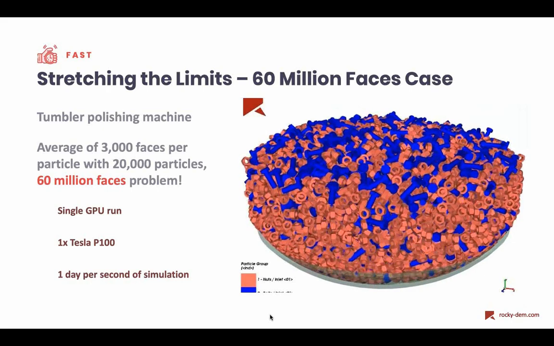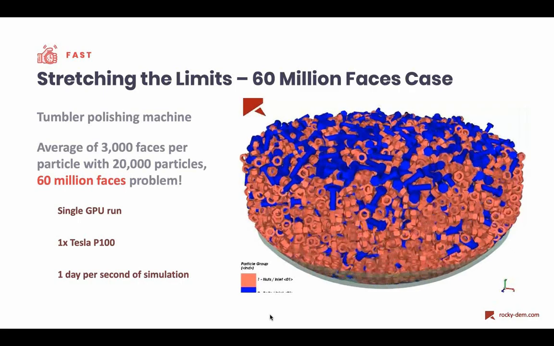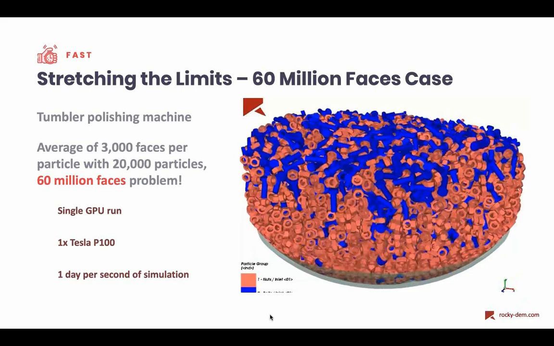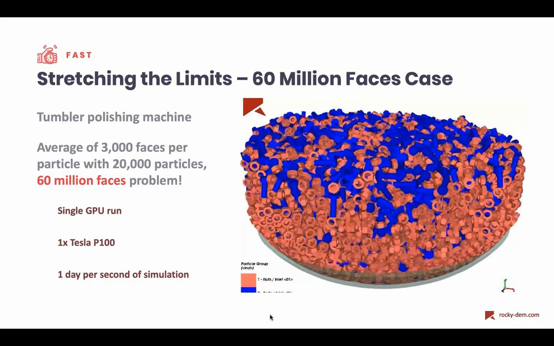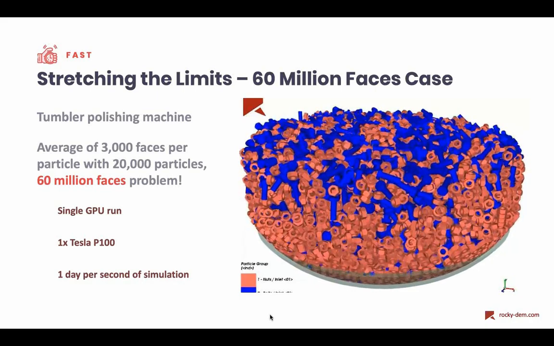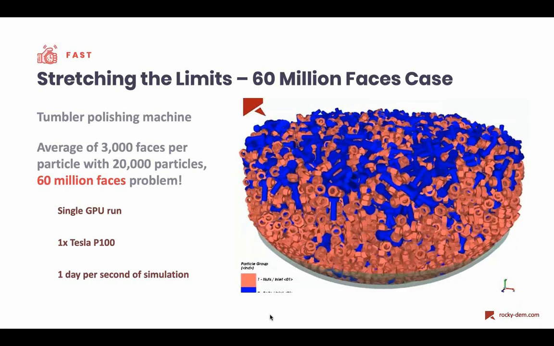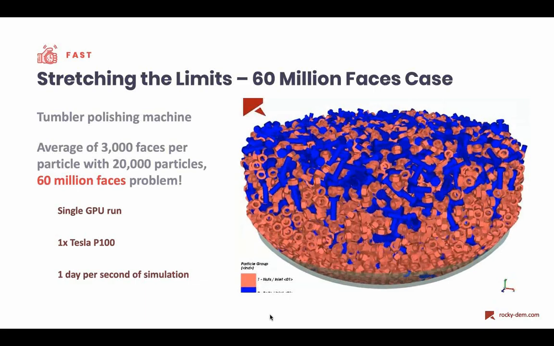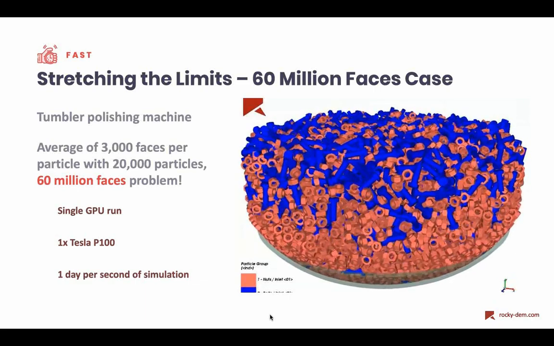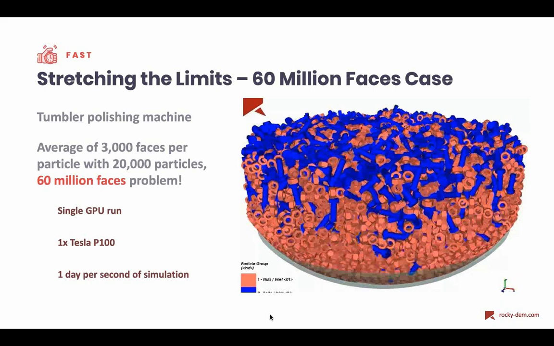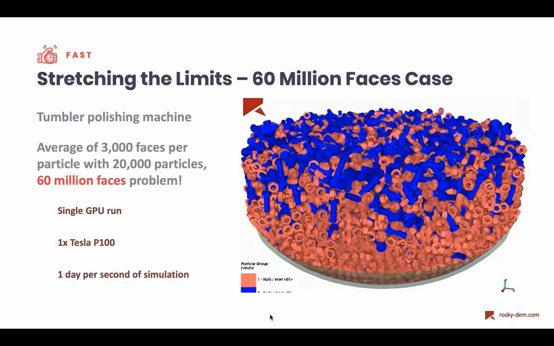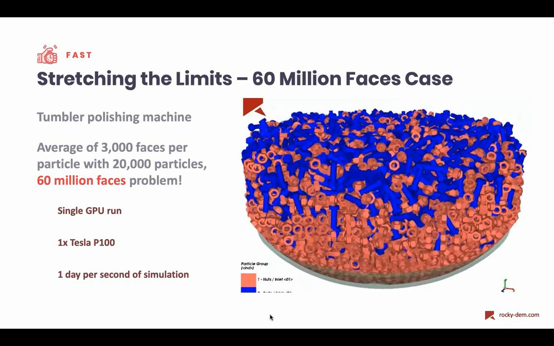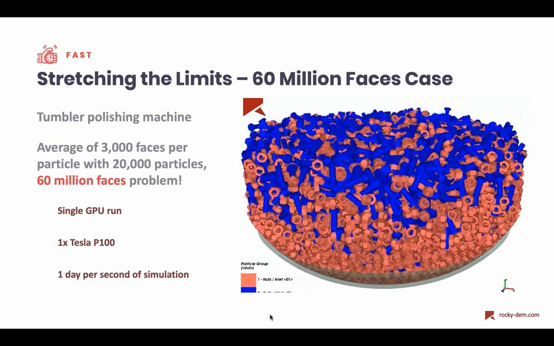When I have bolts and nuts, and I want to analyze the forces and the stresses within these particles in order to have a better polishing process, we're talking about real polygons, convex and concave ones. So as you can imagine, you have a very complex search and contact detection algorithm, and we can come up with accurate stress and responses here.